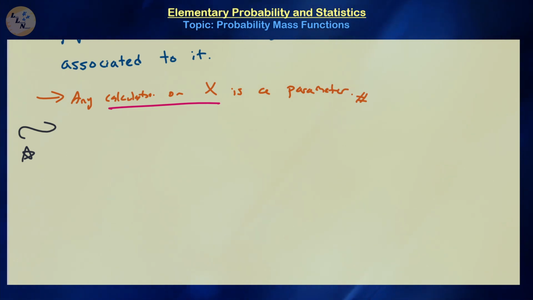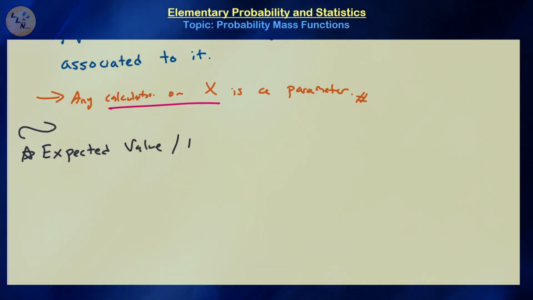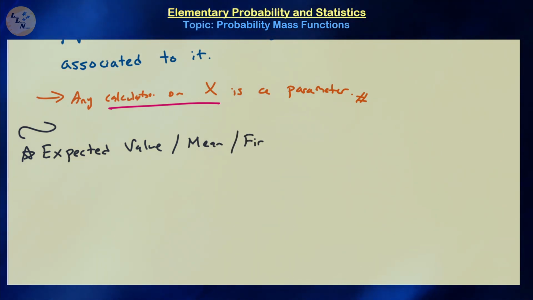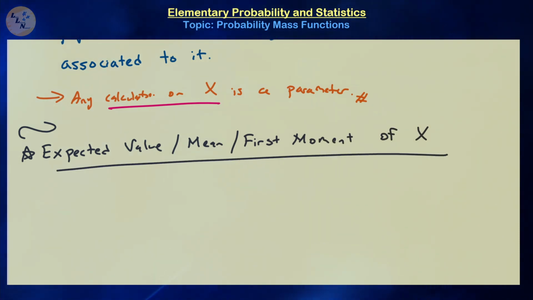So let me first introduce to you one very important one, and we call this the expected value. Some people will also call this the mean, and some people will also call this the first moment of random variable x.